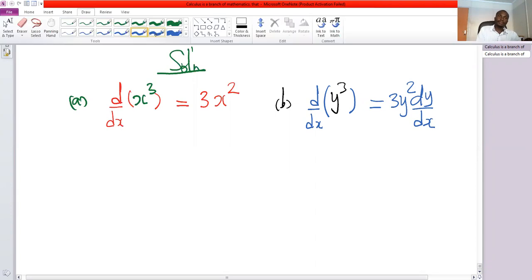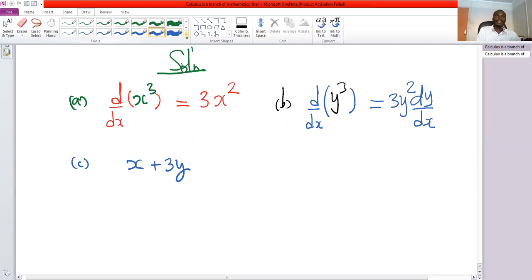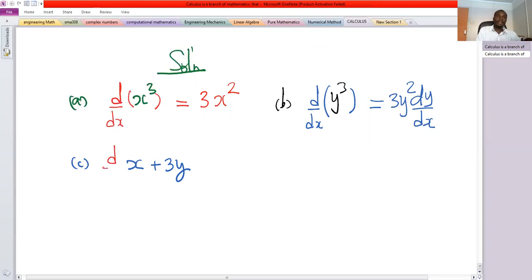C, we have x plus 3y. Now, the question is to differentiate with respect to x. So that means we need to apply d/dx to this expression we are given. So d/dx of x plus d/dx of 3y.